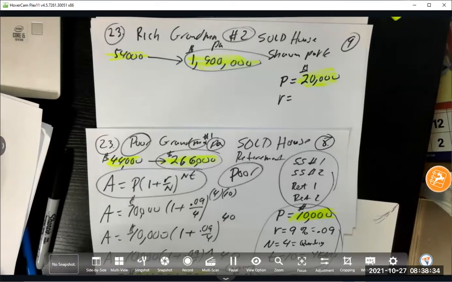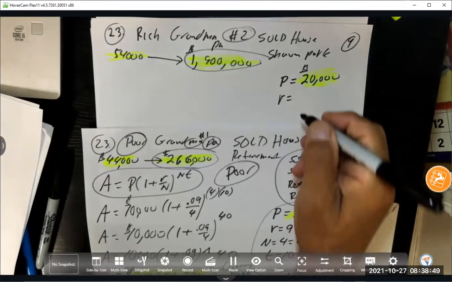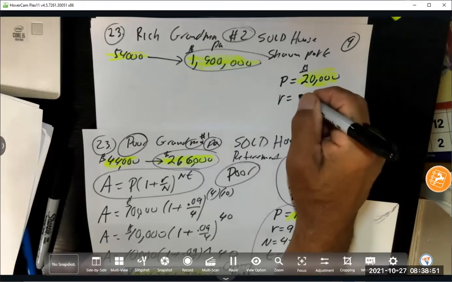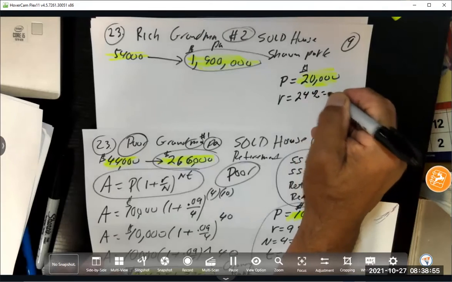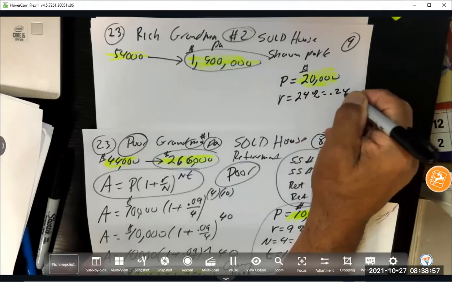I want to get to a giant number. Okay. So let's say they get it at some gigantic number. How much y'all get it for? Well, our bank is better than the poor grandma's bank. You're gonna get a big chunk of money, man. What? 24% rate? Wow, grandma, that's really good.